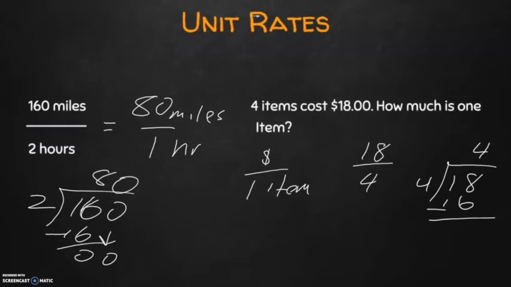That is 16. Subtract that. We have to introduce some decimals here. So we know every 1 item costs $4.50.